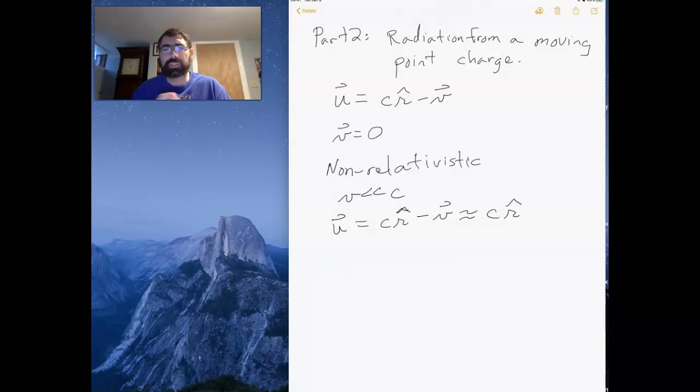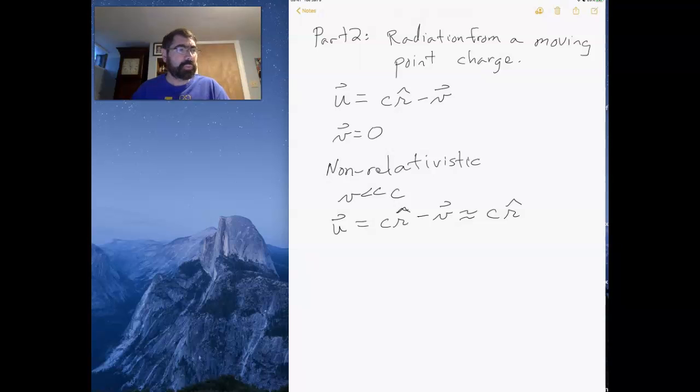So I don't have to pick just that one very simple case of v equal to 0. I could just say maybe it's moving really slowly, and then I should get the same result by my approximation.